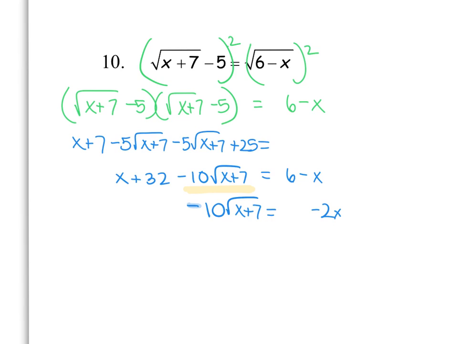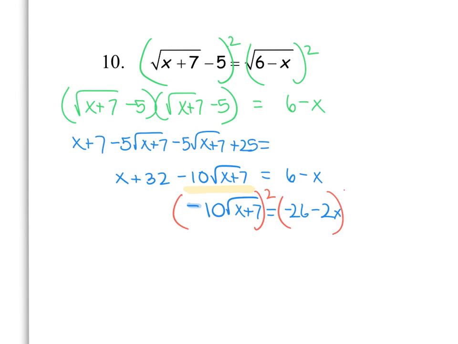When I do 6 minus 32, I get negative 26, okay? Technically, before squaring both sides, we could divide by negative 10, but then you're squaring with fractions, so I would say don't do that. Let's just square right now.